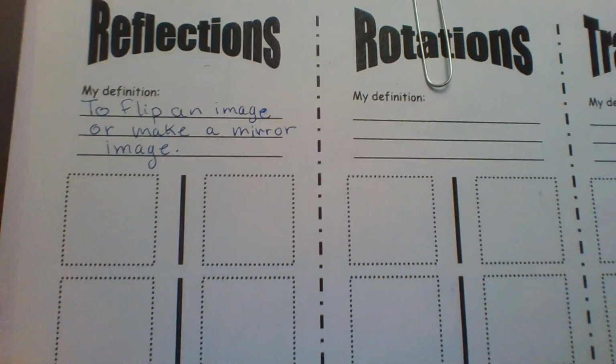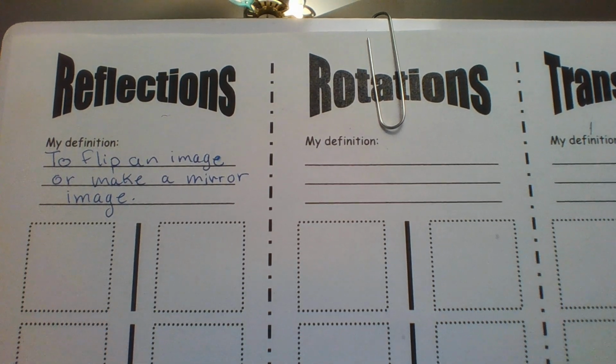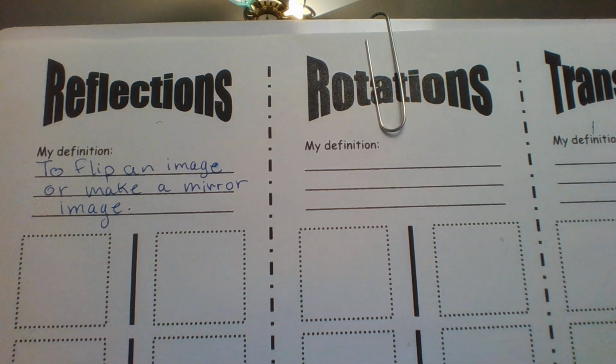And mirror will also help you remember that that's what it looks like. Okay, so let's write that down: to flip an image or make a mirror image. If you need to pause the video, go ahead. I'm going to move on.